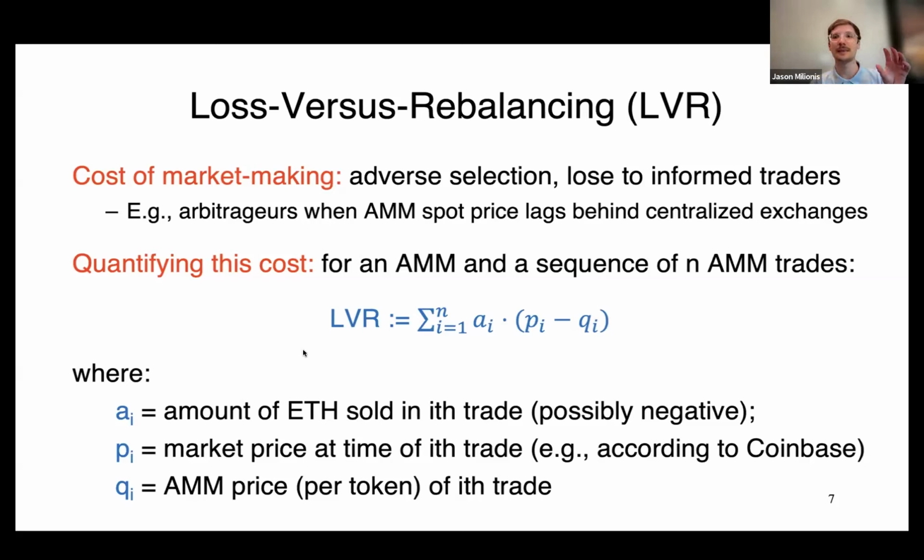LVR is literally the sum over all of the trades that are executed on the AMM of the amount of, let's say, Ethereum that was sold on each of the trades times the difference between, on the one hand, the market price that you have during this trade, or after this trade rather, and the AMM price that you got on the AMM for this trade. So this is what is going to be defined as LVR.